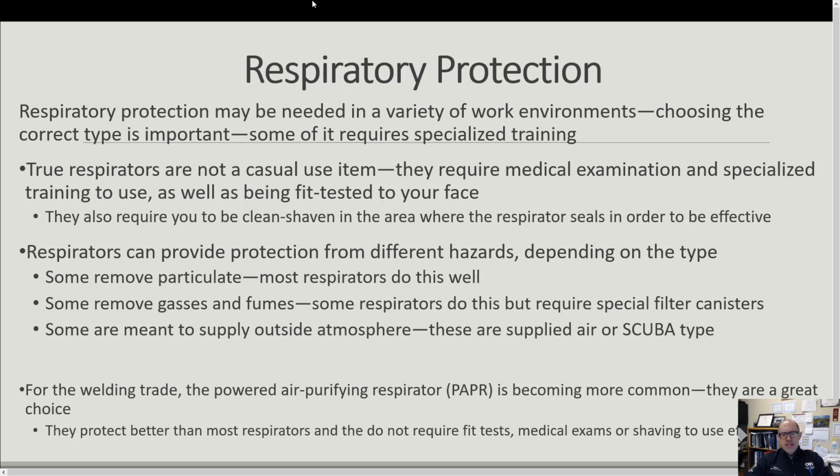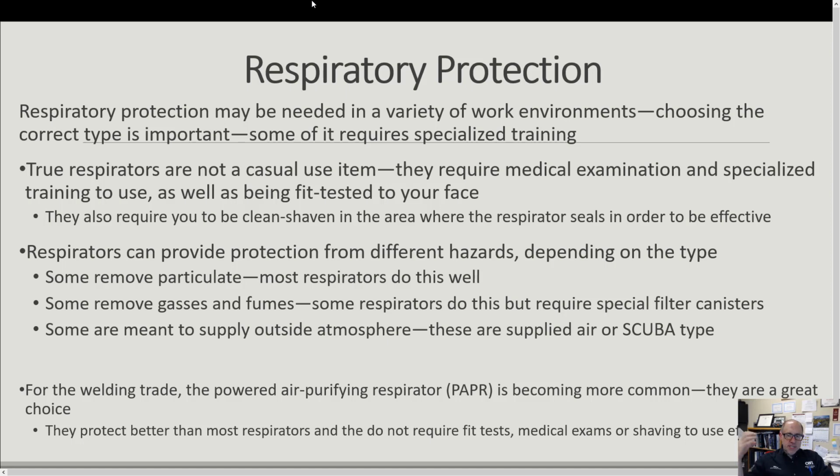Now for the welding trade, new technology has come out in the last 10 years. They're called PAPRs, powered air purifying respirators. They're getting more and more common, and they are, in my opinion, the best choice. It's a little waist unit, like a fanny pack, and in this fanny pack is an air pump, a filtration unit, and a hose that comes out.